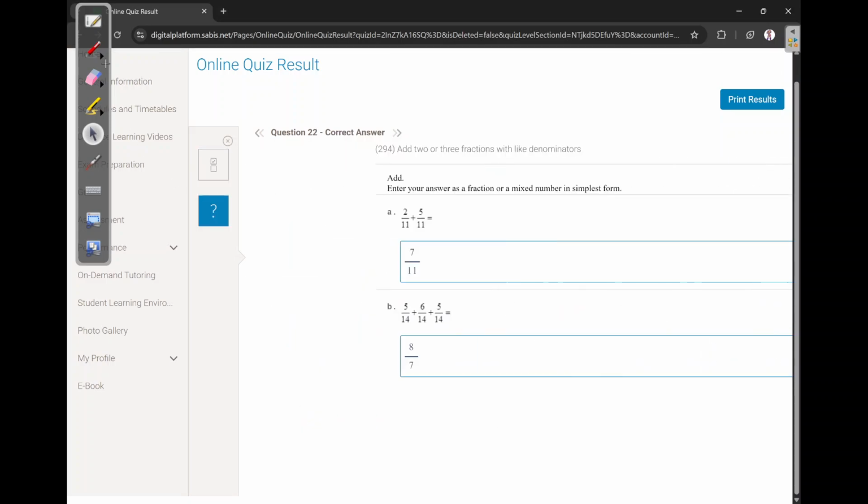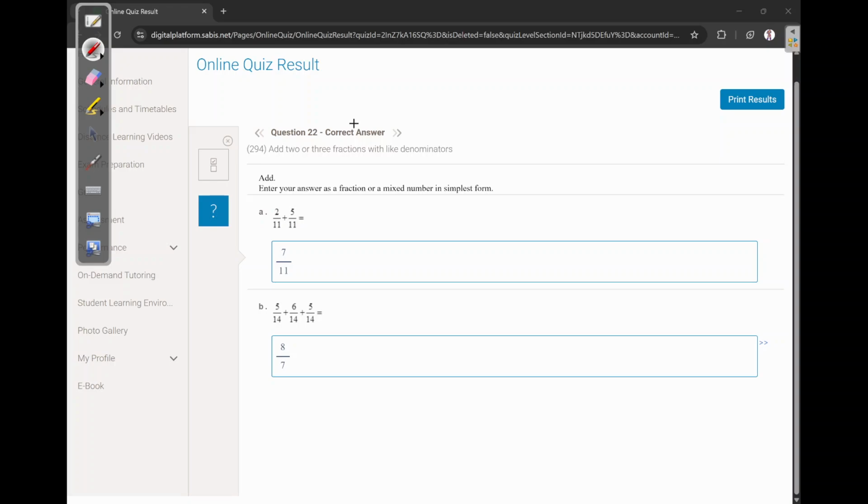Question 22. 2 plus 5 equals 7 out of 11, because the denominator stays the same. And 5 plus 6 plus 5 equals, we make it a mixed number.